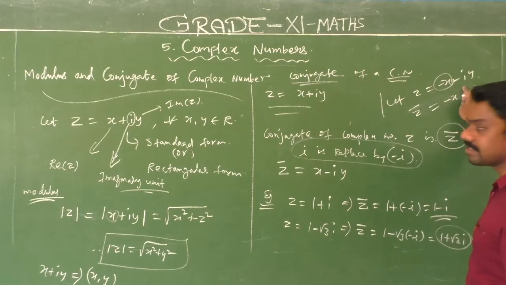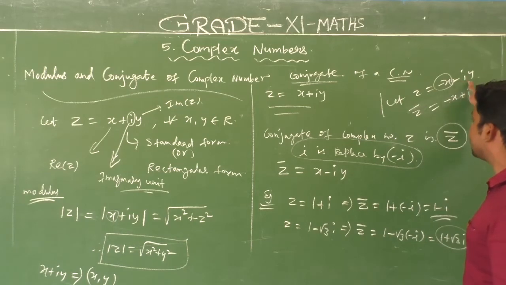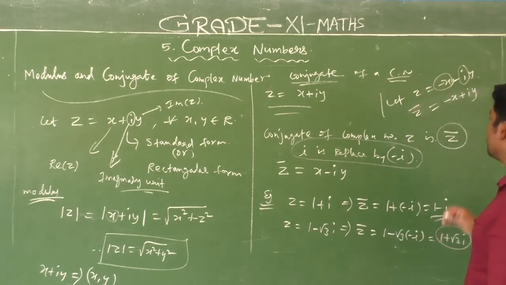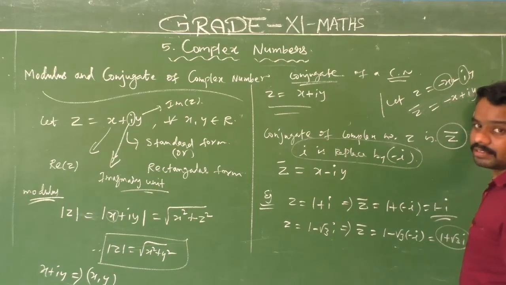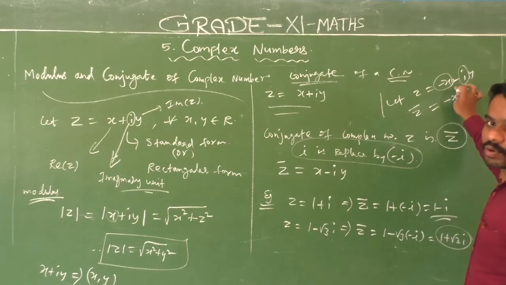Here minus i is replaced as plus i. So only the sign of the i coefficient changes. So z equal to minus x minus iy, then z bar equals minus x plus iy. Okay, right.